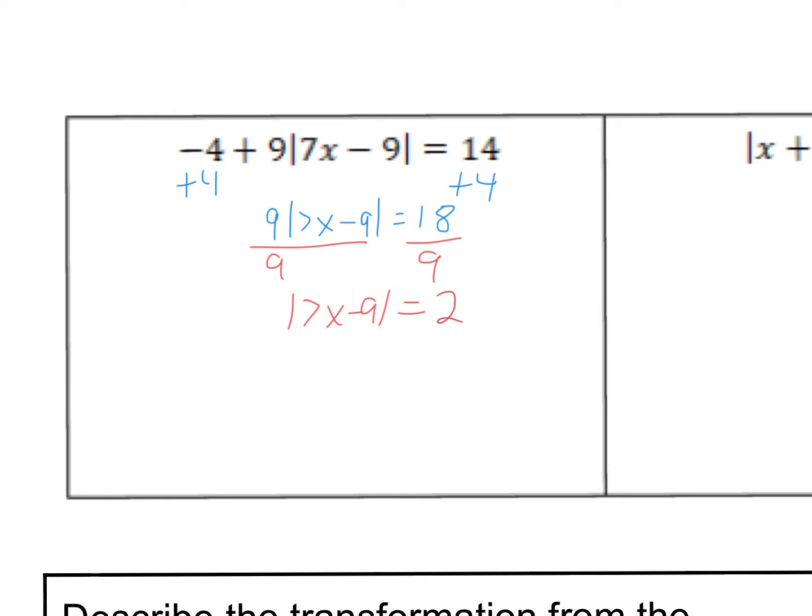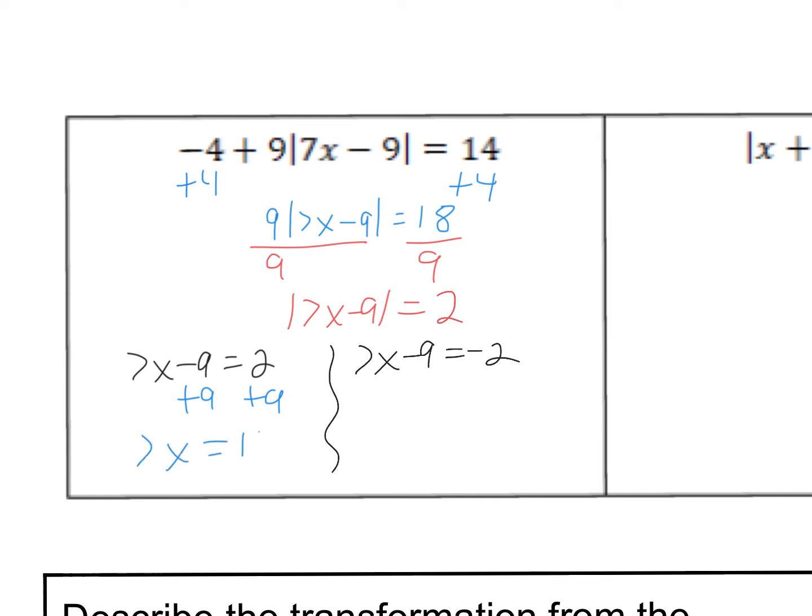So now we can set it up as 7x minus 9 equals positive 2, and 7x minus 9 equals negative 2. When we work this out, we add 9 to both sides, and we get 7x equals 11.